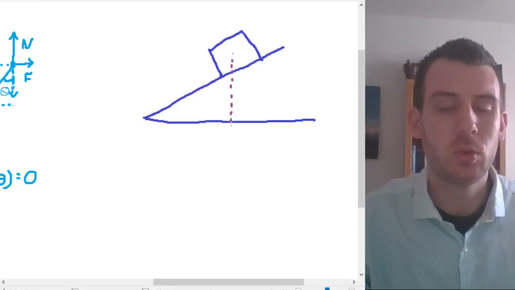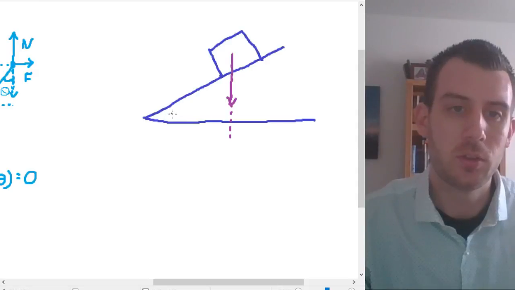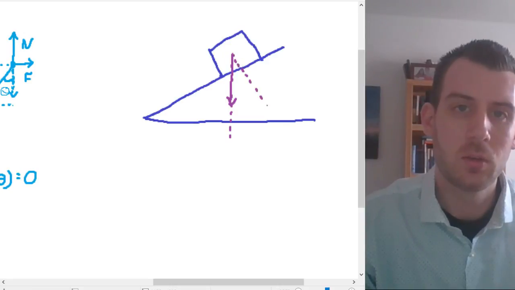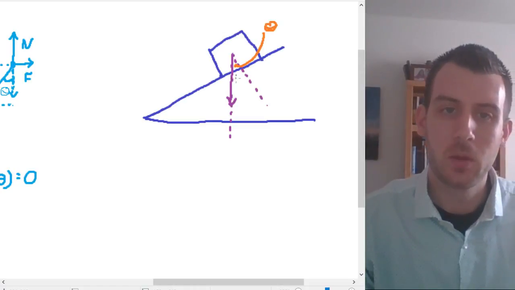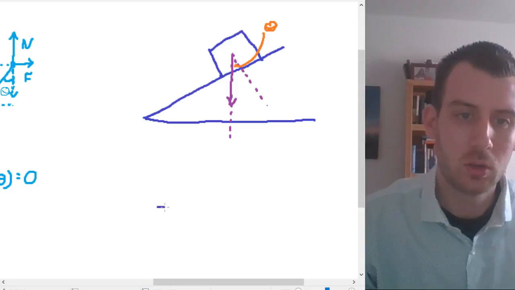So let's say that this was our weight force, which goes straight down. This here on the inside is our angle theta, right? Well, this I can draw kind of similarly using triangles.